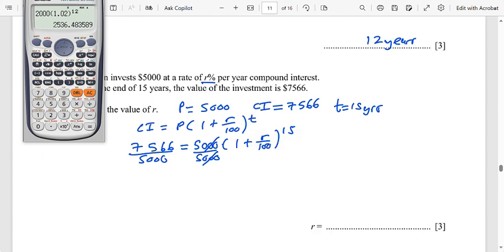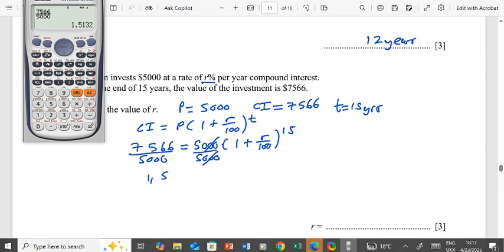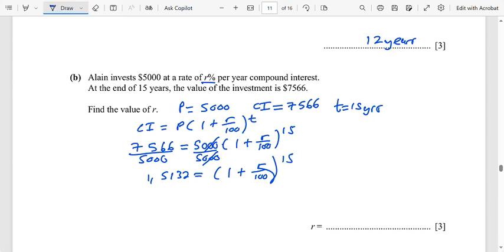So now we will have 7,566 divided by 5,000. We get 1.5132 being equal to 1 plus R over 100 to the power 15.